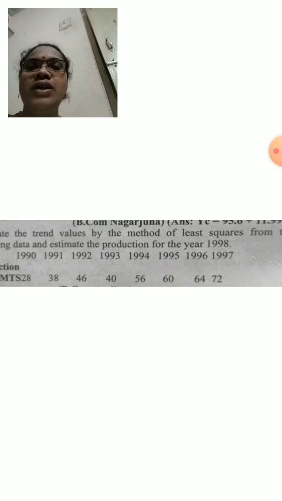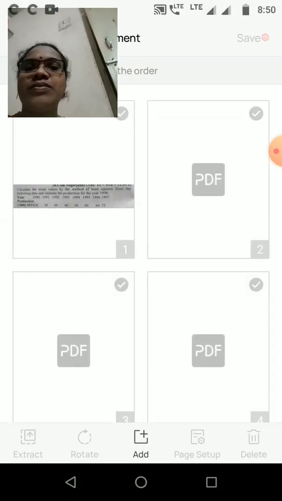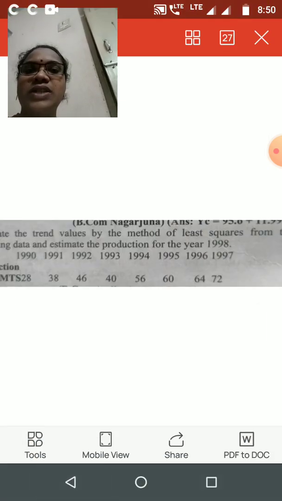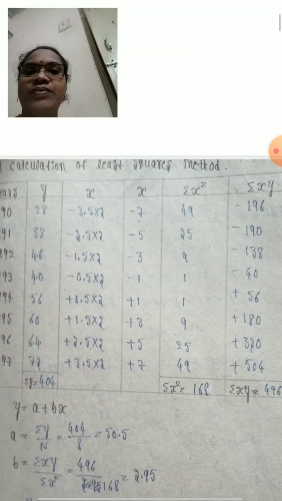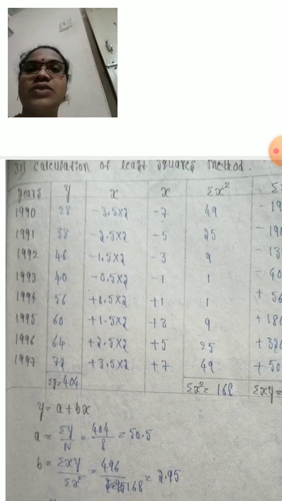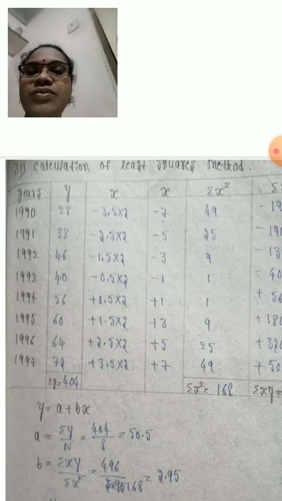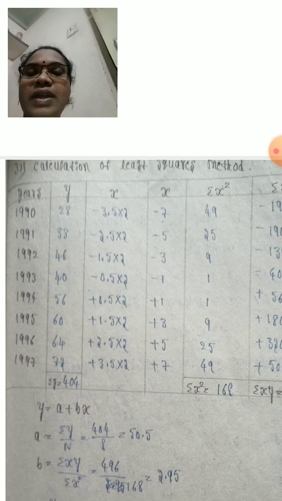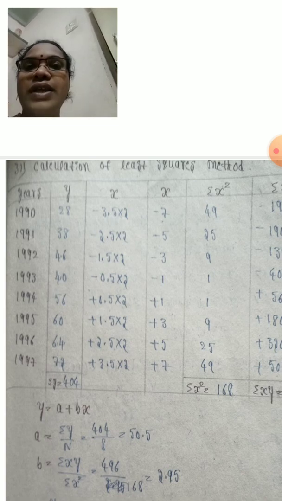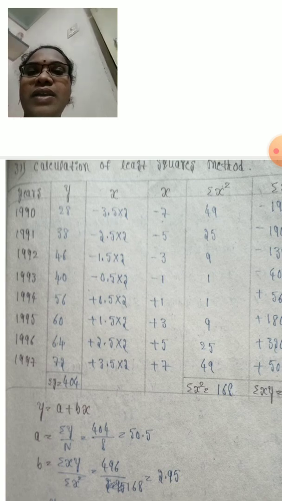Now we discuss the solution in the least squares method. Calculation of least squares method. First, the years are given, 1990, 1991, 1992, 1993, 1994, 1995, 1996, 1997.